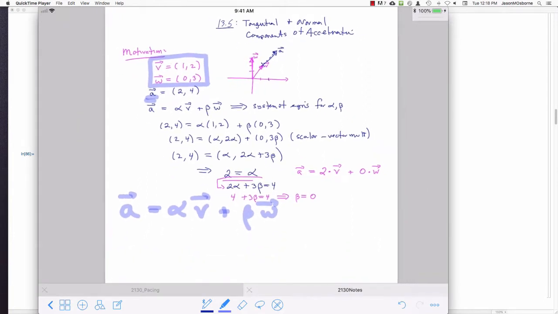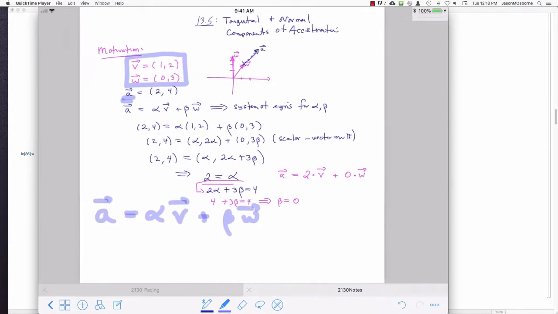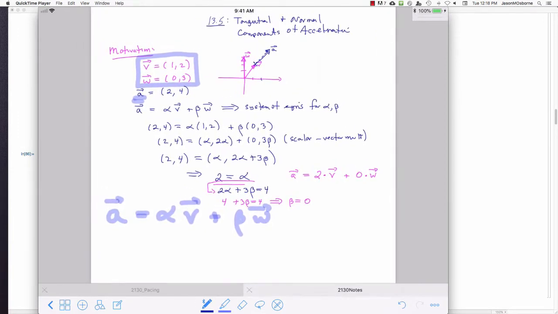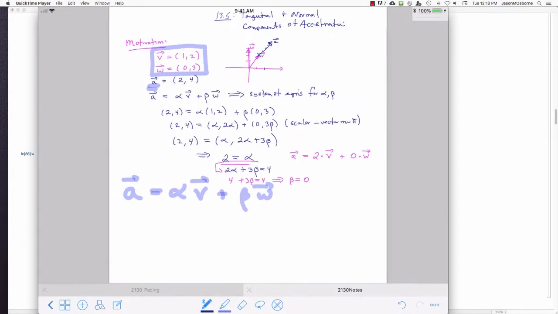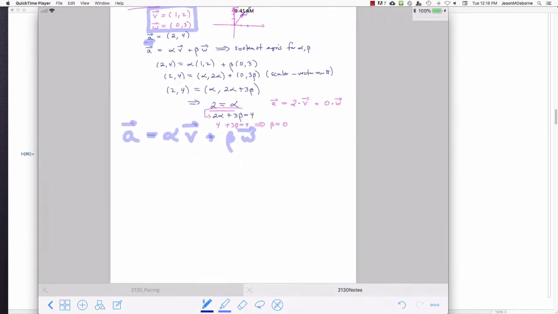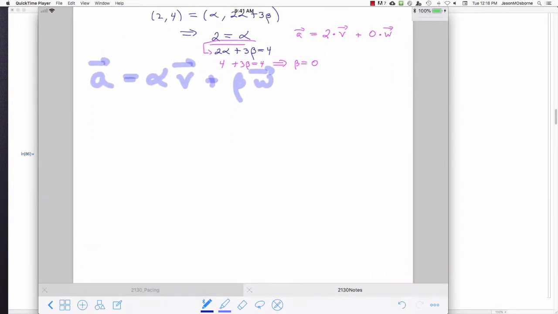So this leads us into what we'd like to talk about in this video. The goal is to do this process in section 13.4 in calculus 3. What you're going to be given is some sort of vector valued function, aka a curve in 2D or 3D.